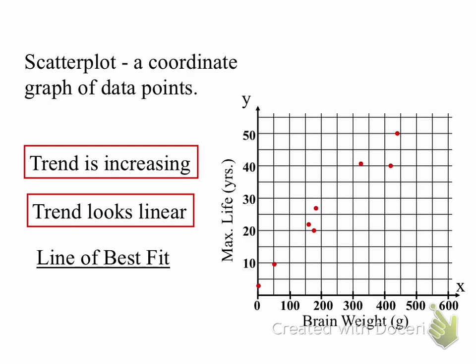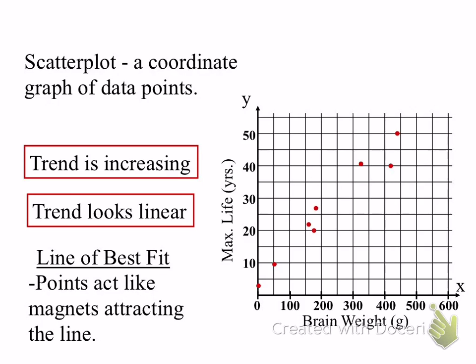I've got a ruler in my hand and you can't see what I'm doing on the board, but I'm going to try and draw a line and pretend like this line is a magnet, or this is metal and all the little dots are magnets, okay? The points are like magnets and this line is metal. So where would I place that line?